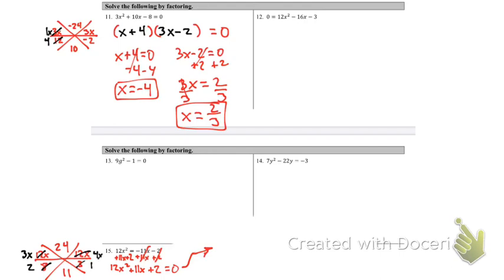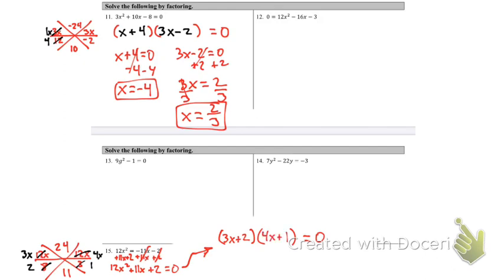And 3 reduced by 3 is 1. Okay, so let's put those in our parentheses, all equal to 0. And that's going to be 3x plus 2 in one factor, and then 4x plus 1 in another factor.